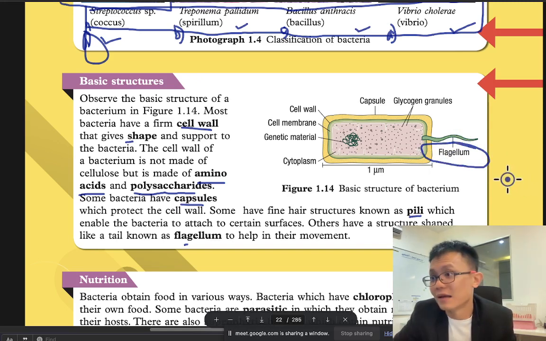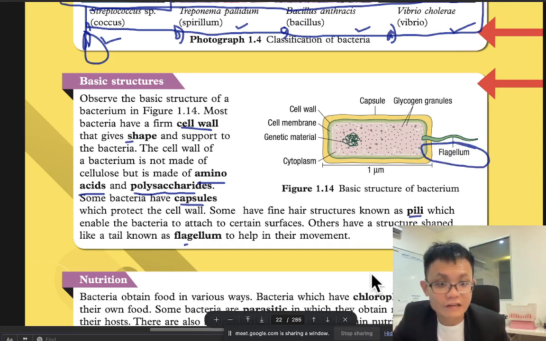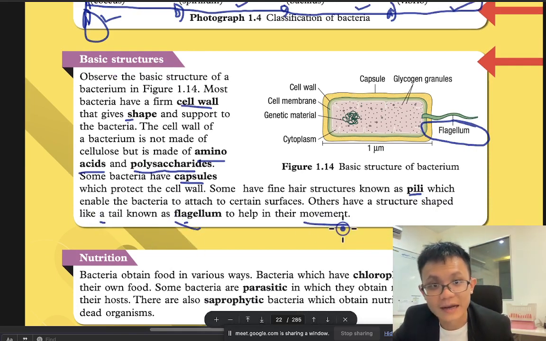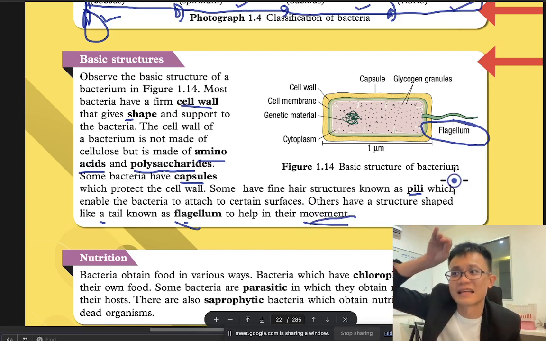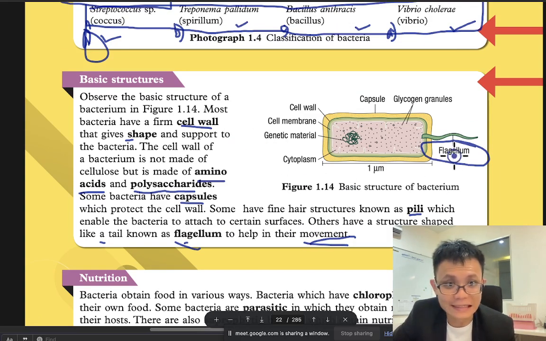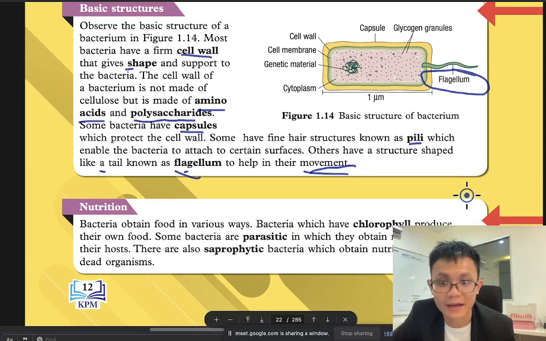Why does the bacteria need flagellum? If the question asks what is the function of flagellum, it is to help movement. It's like a tail that can move. Maybe fungi cannot move, right, because they stick like a plant, but this one can move. Paramecium, amoeba, they can move.